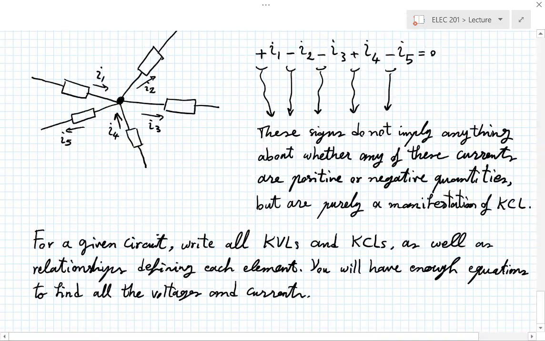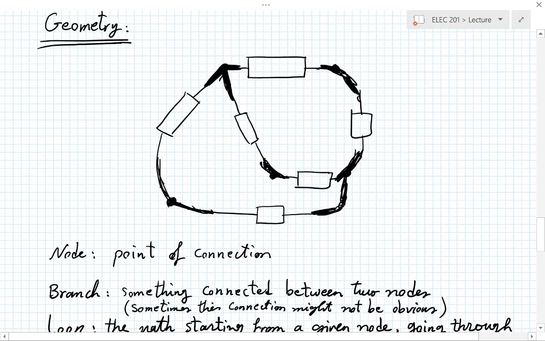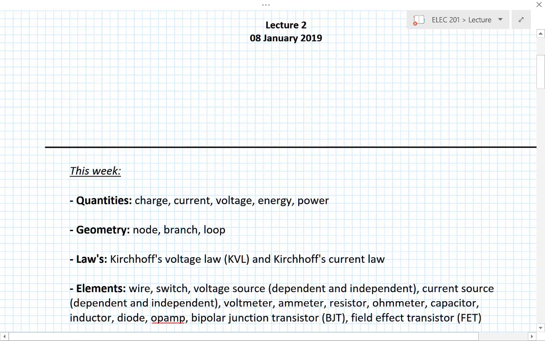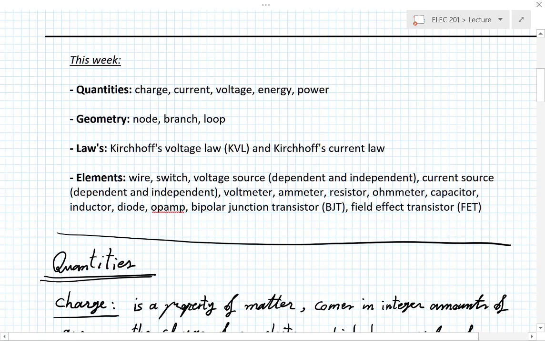And so I hope you will then agree with me that once we talk about the relationships that each of these elements are defined by, then you have everything you need to solve every circuit. And that really is it. Now, there's, again, a lot of meaningful things, theorems, systematic approaches to solving complex problems, and so on, that we'll talk about during the term. But in terms of basic knowledge, this is it.